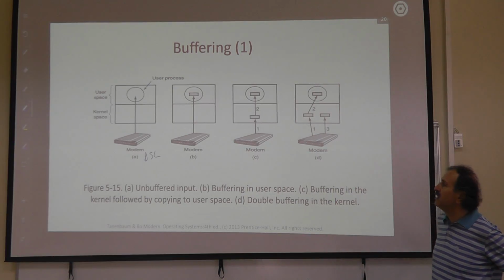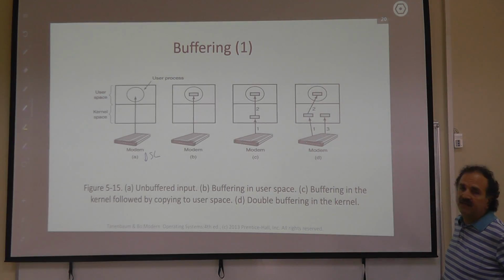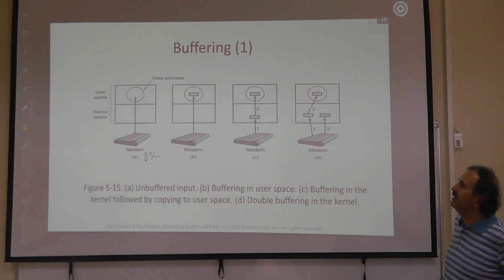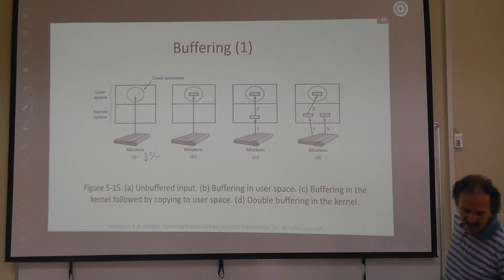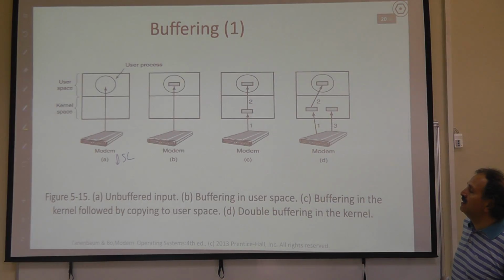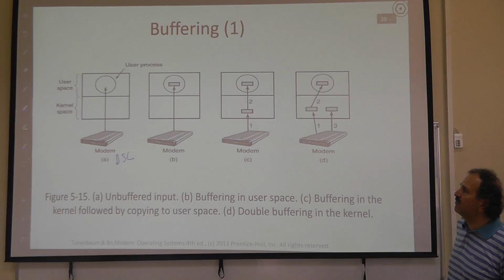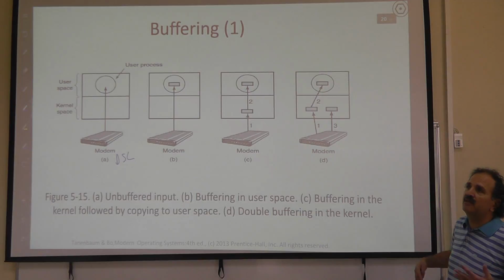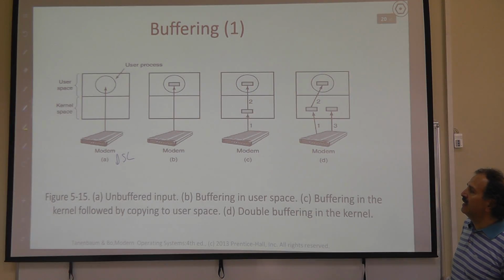Buffering is good for not losing any data. So for that case, let's put the data inside a buffer in the user space. This prevents a number of problems, but since I am still in the user space, I don't have control most of the time. This still has some problems.